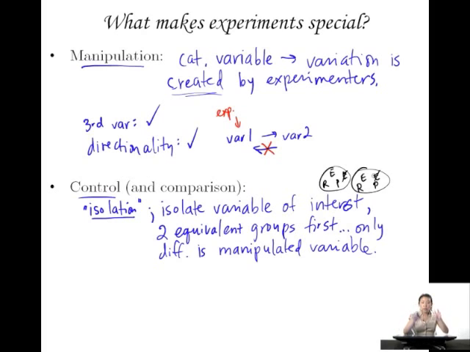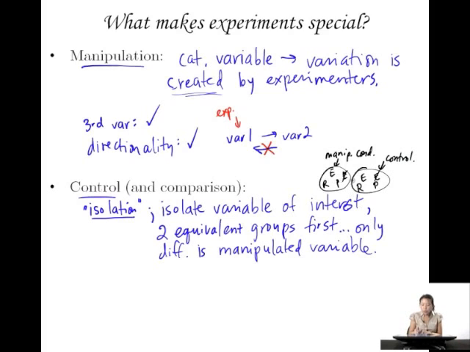Once you have two equivalent groups, then one group gets something different, right? And that is the manipulated condition or the treatment condition. And so then one gets the manipulated condition. And the other that doesn't get anything special is called the control group.